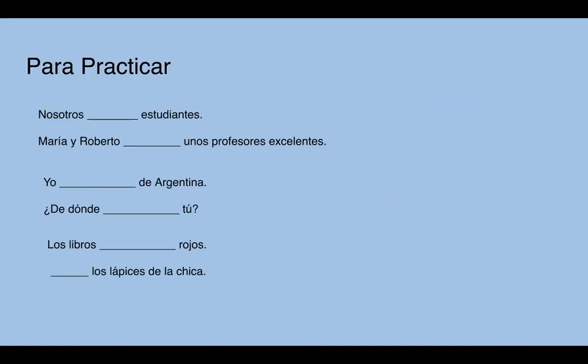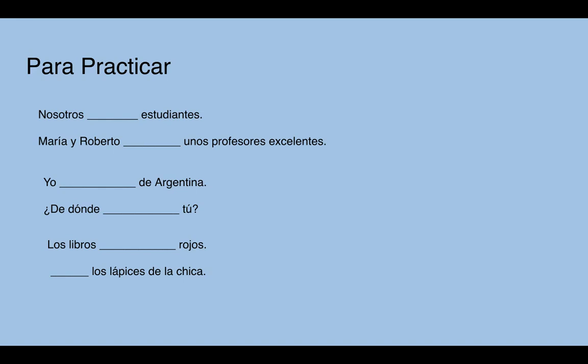Para practicar, in order to practice or for practice, you'll see that we have several sentences here and they're all missing one thing. They are missing the correct form of the verb ser. Okay? So nosotros estudiantes. María y Roberto, unos profesores excelentes. Yo, de Argentina. ¿De dónde ? ¿Tú?